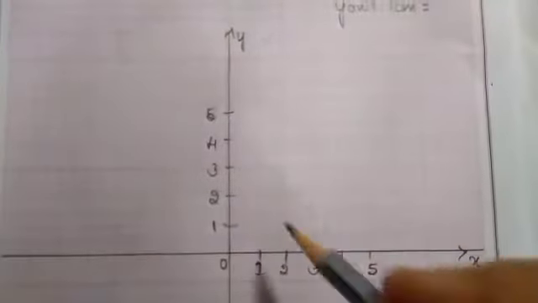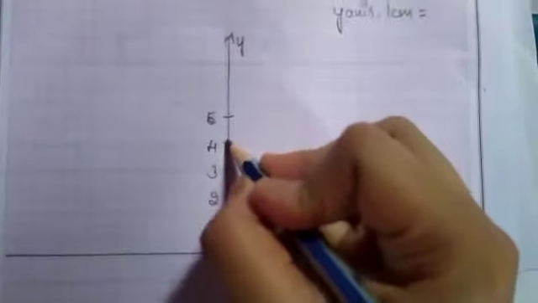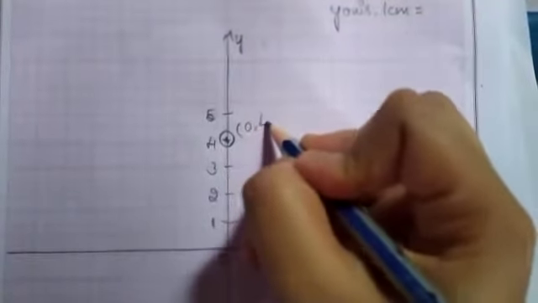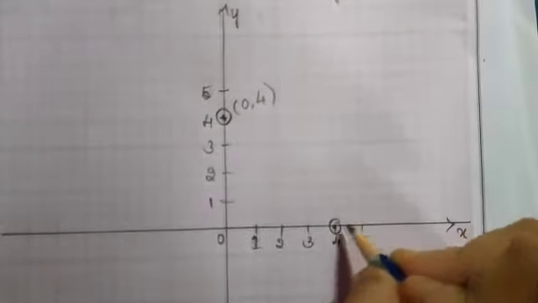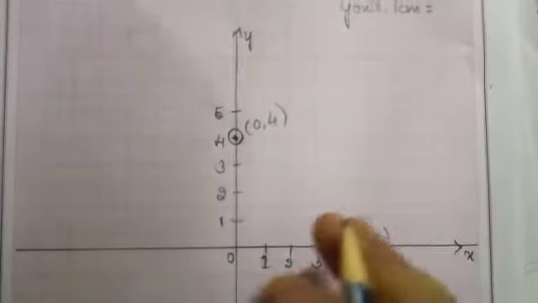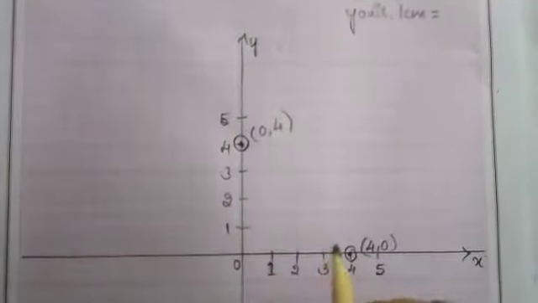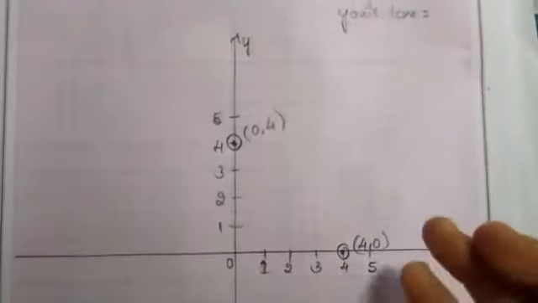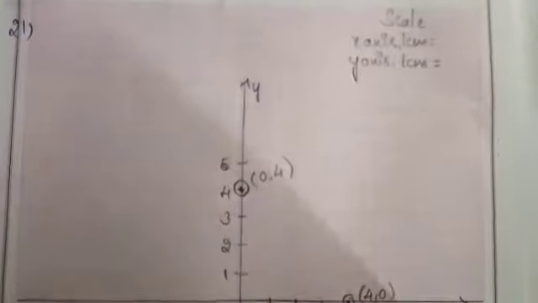I have drawn a scale here: this is the x-axis, this is the y-axis. First one is (0, 4), you have to mention here. Next is (4, 0), that is this one. Remember, along with the answer sheets, the graph is also required, because you want to maintain the hard copy; at last you have to send it. So keep the graph sheets along with the answer sheets.